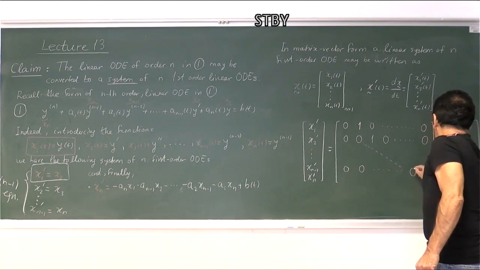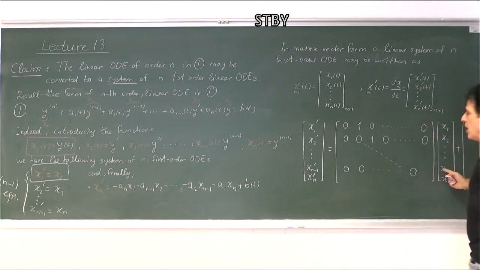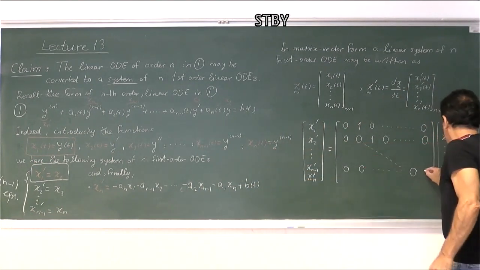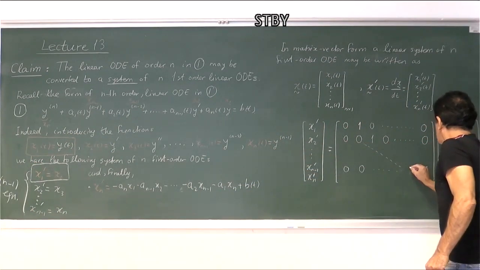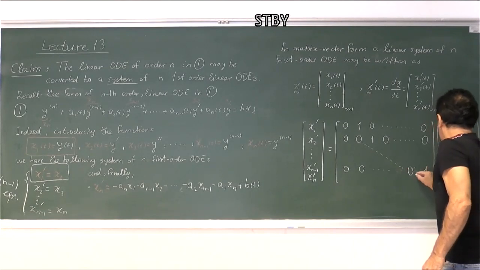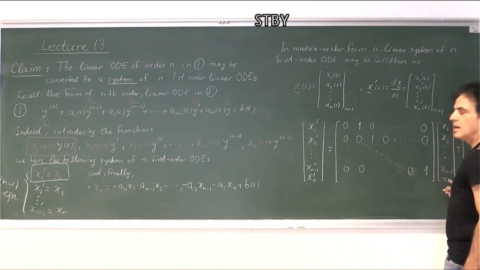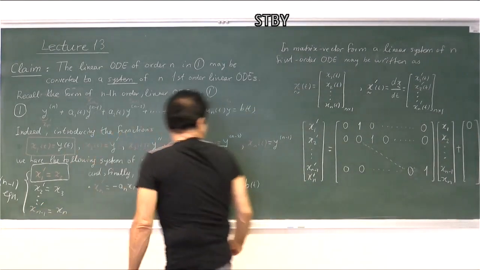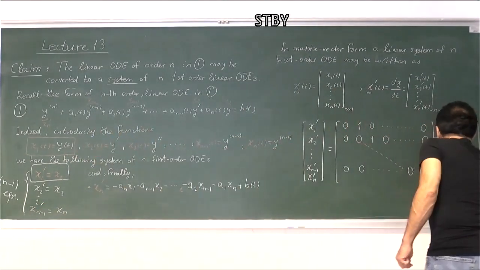So 0 times x1, 0 times x2, and so on, 0 times x_{n-1}, and finally 1 times x_n, which gives the derivative of x_{n-1}.